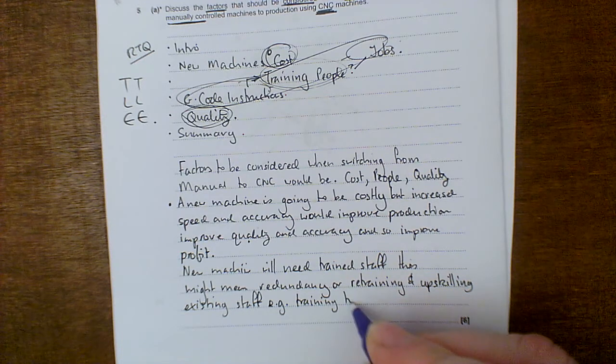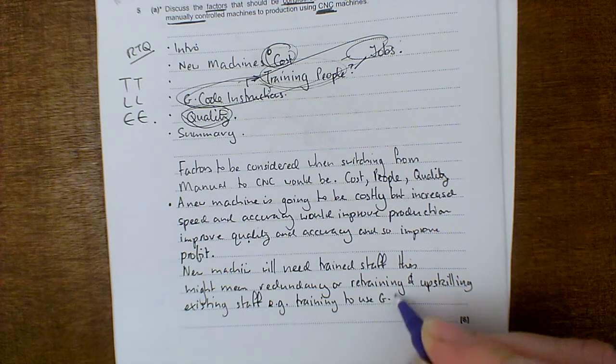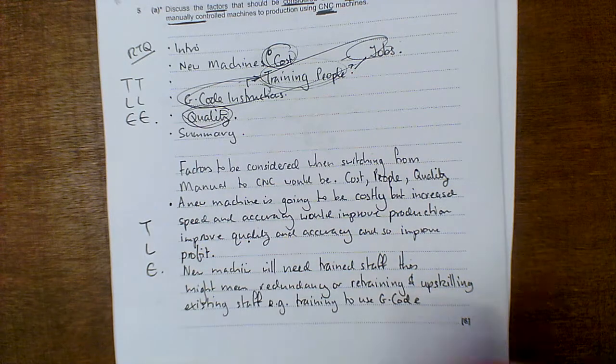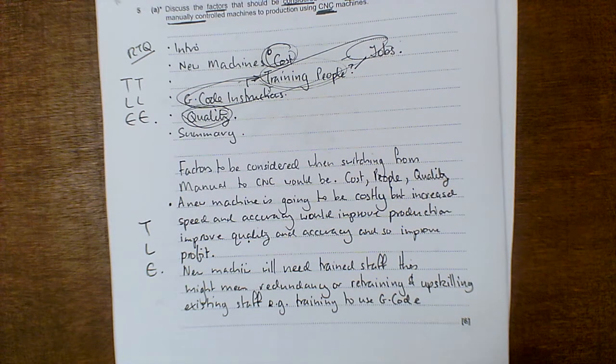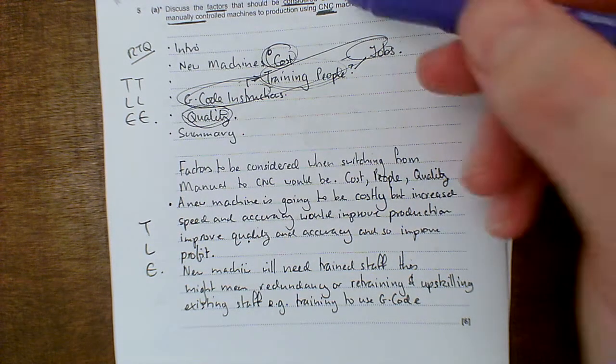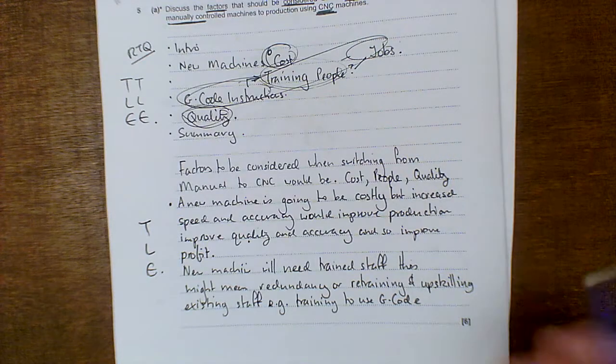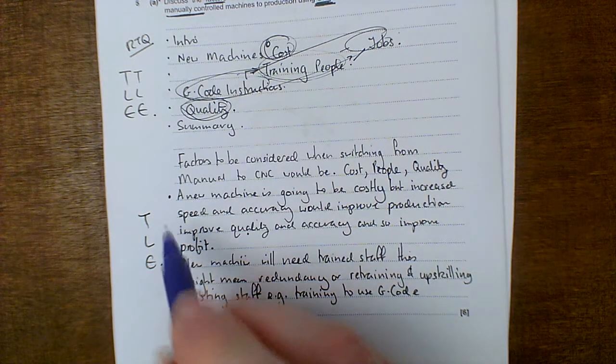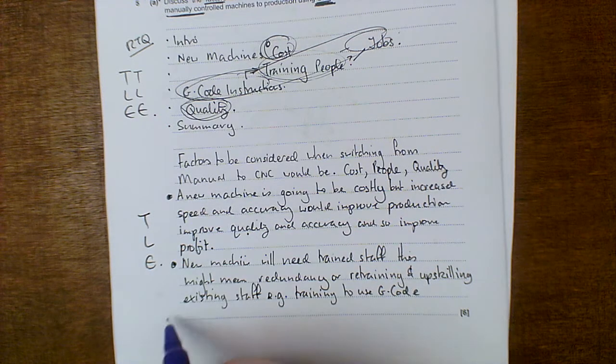Example, e.g. training to use G-code. So think like an engineer, talk like an engineer. Got a nice example there that shows that I know what I'm talking about with regards to CNC machines, showing off my knowledge. So new machine will need trained staff.